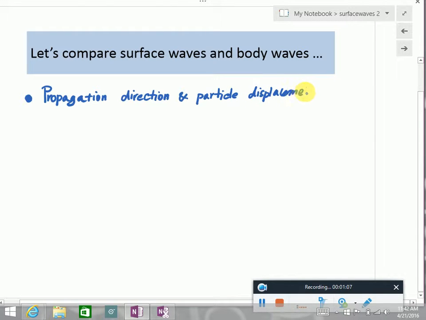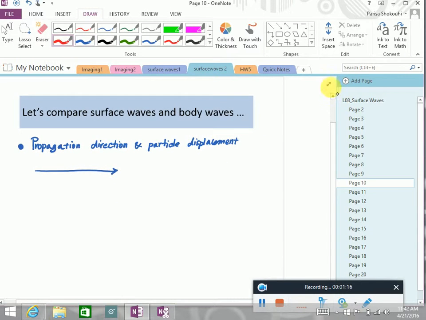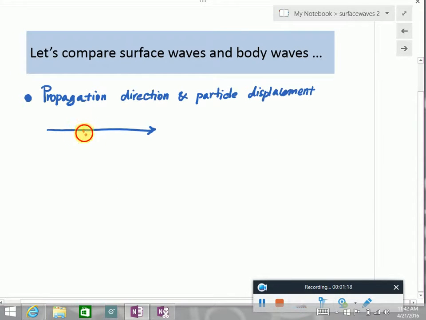I don't repeat S and P wave, but for surface waves, you saw that the particle displacement is a retrograde ellipse. It has two components, both like a P wave and an SV wave, and they're propagating together.